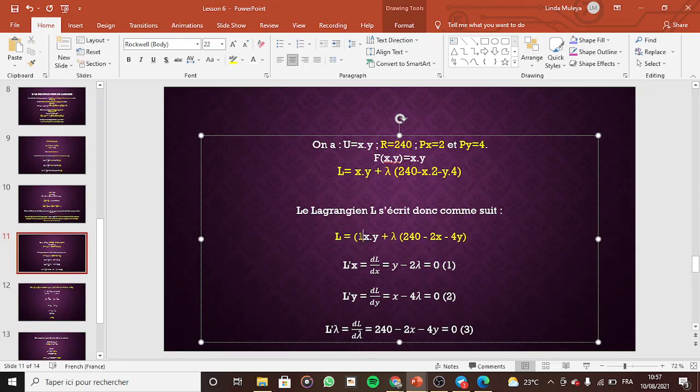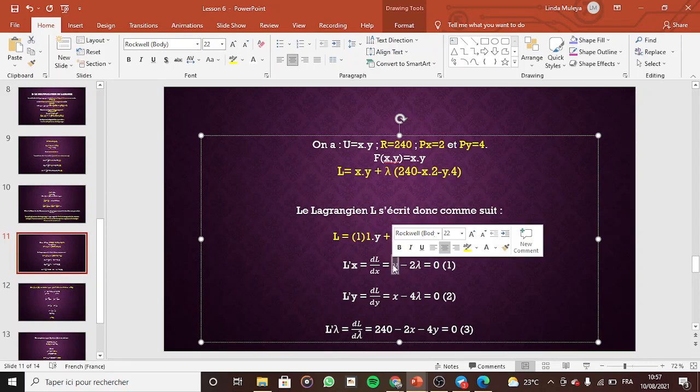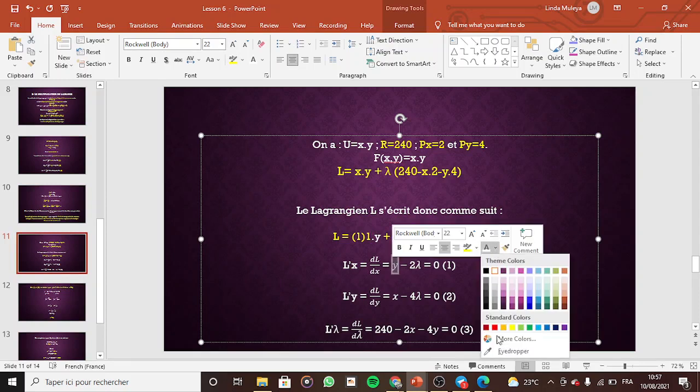Voila, you have 1. Then it becomes x to the power 1 minus 1, which is 0, and x to the power 0 is just 1 again. So 1 times 1 is 1, and 1 times y is y, which is why we have this first y here. We'll put that in yellow.